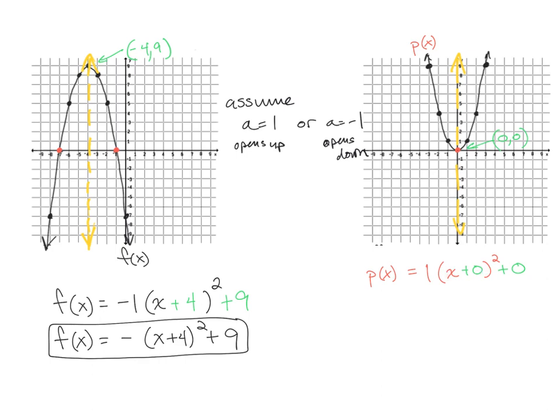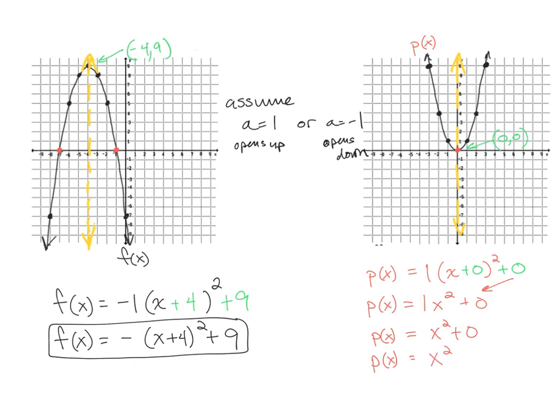So let's say p of x equals 1x squared + 0. 1 times anything is that anything. So this is x squared +0. Adding 0 to anything doesn't matter, so this is really just x squared.